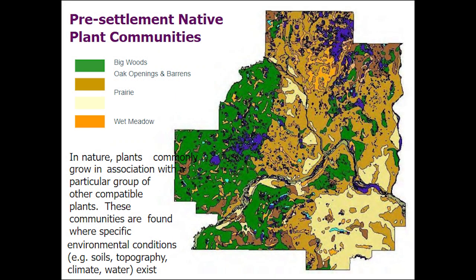So when we're talking about native plants, we're not talking about the traditional landscaping cultivars or Kentucky bluegrass that you usually see across landscapes. When we're talking about native plant communities, it's the species of plants that typically grew in the area, both the environmental conditions and the species that get along with each other across the landscape.